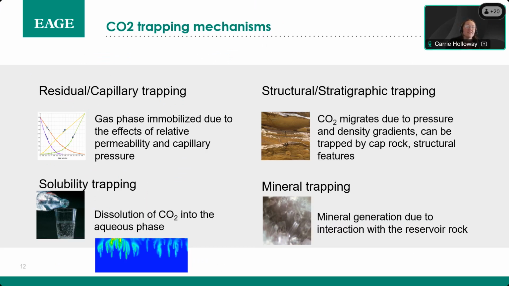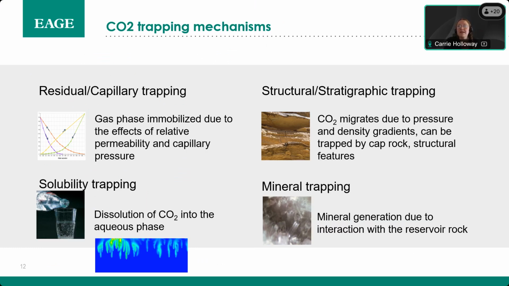Solubility trapping is when the CO2 dissolves into the brine. It becomes aqueous phase and denser in water and sinks. This is a slightly longer term process. When you inject CO2 in a supercritical phase, some of it will eventually dissolve into the water and be more secure.